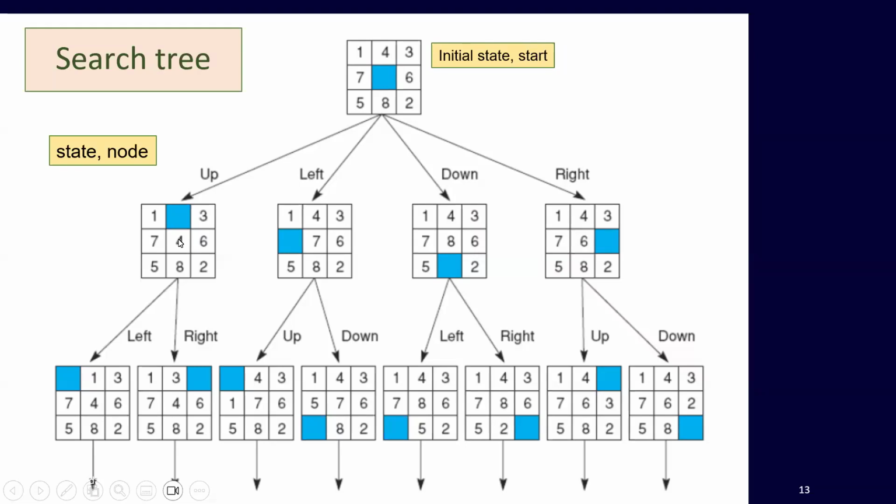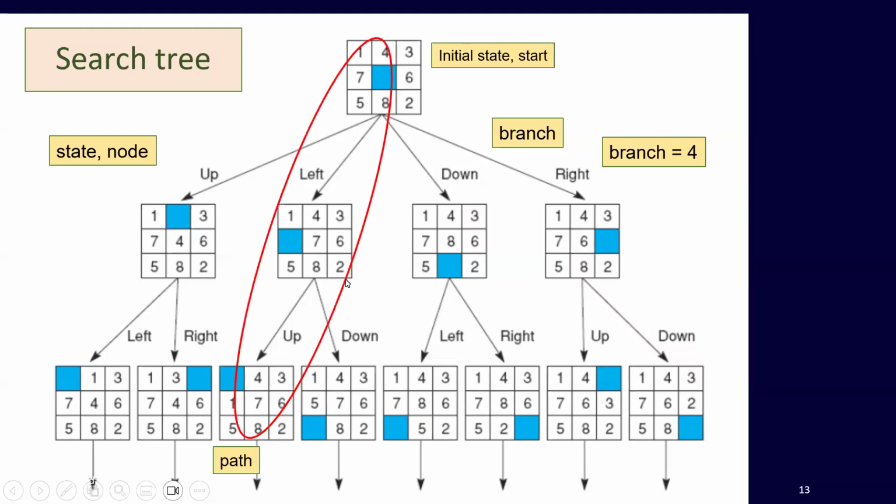And then we have 2 options, for example. So here we say the branch number is 4, and here the branch number is 2. Here, if you move this way and then this way and continue, it's like we are trying to find a path from the initial state to any node or state.